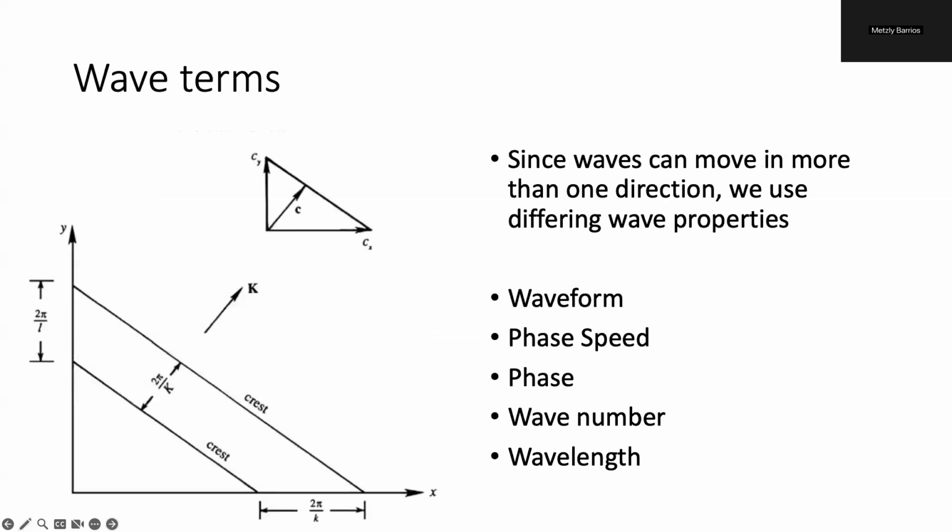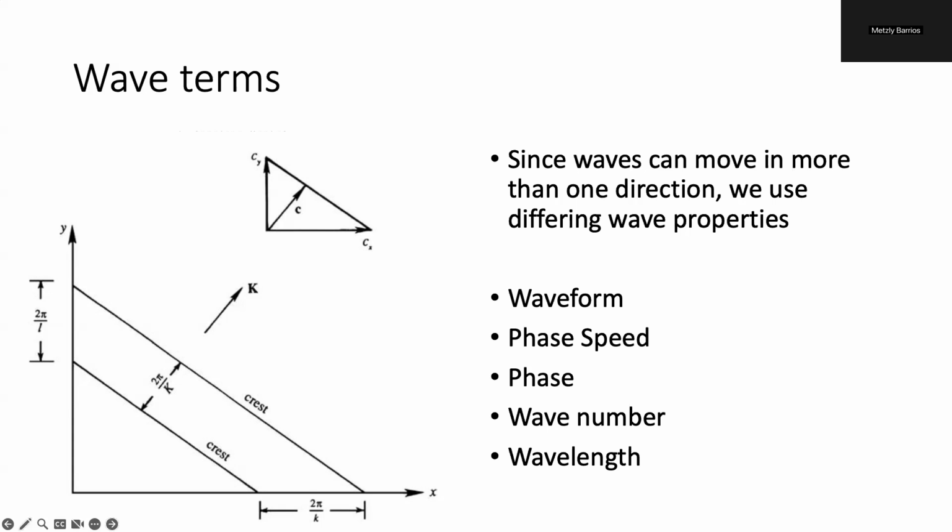So here you go. Waves can move in more than one direction. And all of these properties that I just talked about, they have directionality to them. So you can have X and Y, and we can imagine this is a wave that's propagating in that direction. So the wave propagation direction is going to be a vector called capital K. And capital K has components, okay?